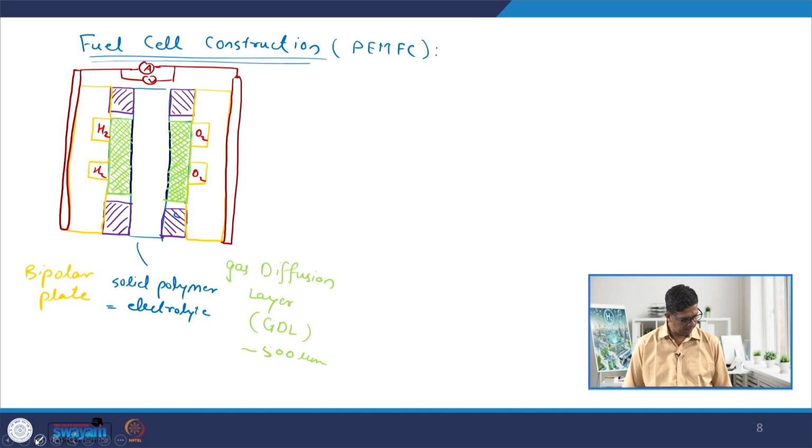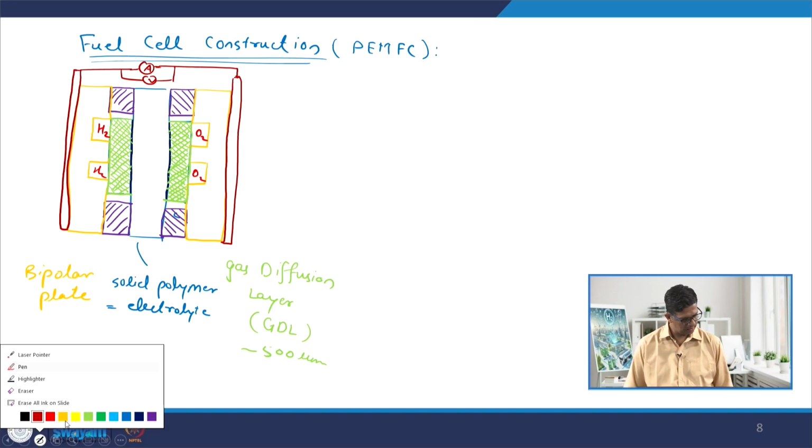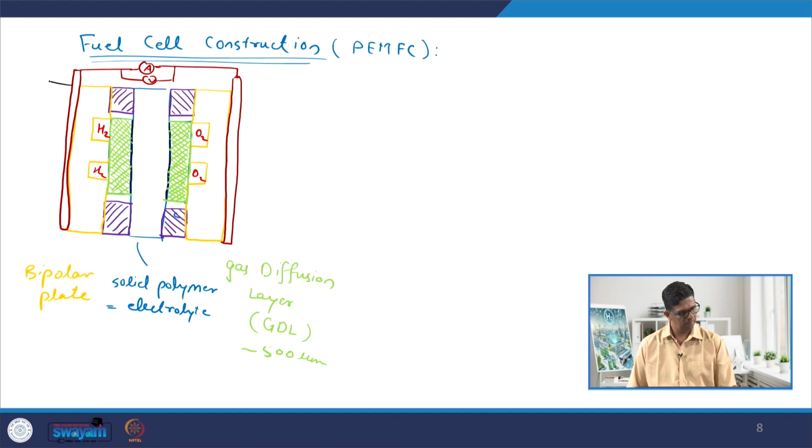And then we have, in some cases, another component called end plate. Let me show it with the black color. And this is how it is.